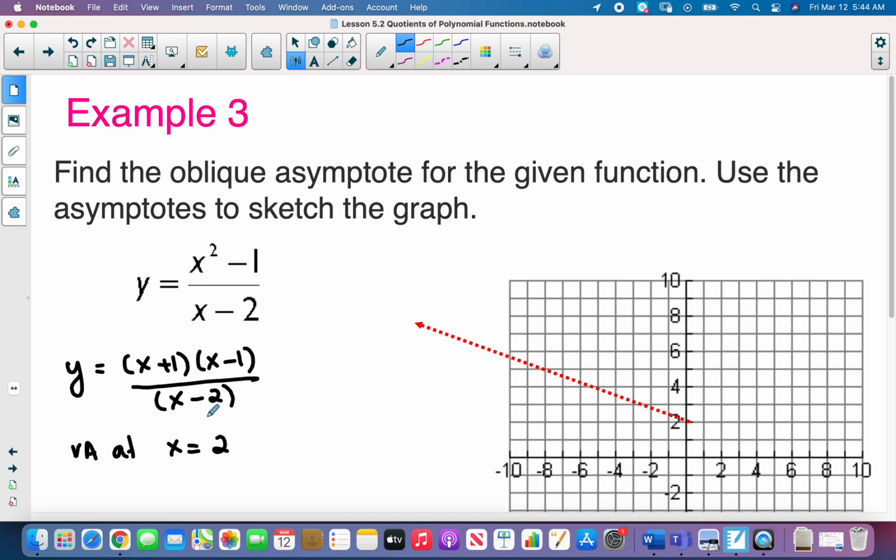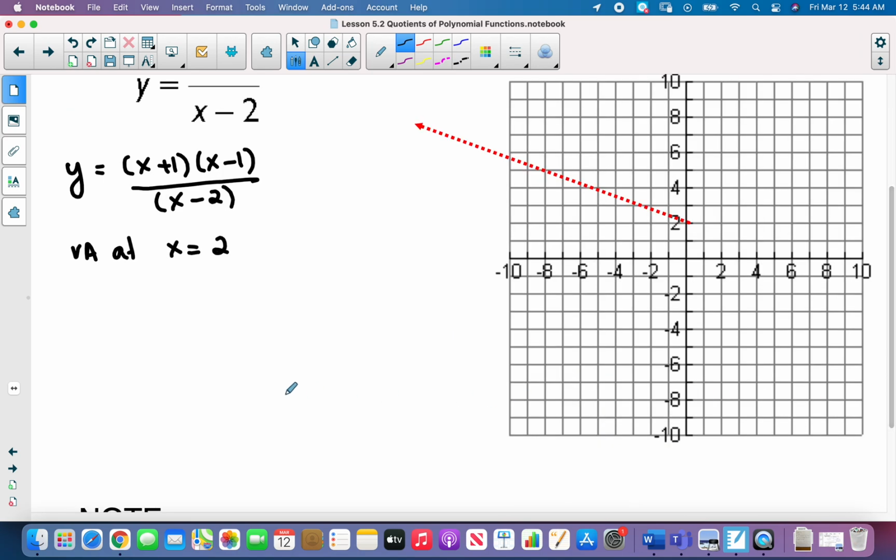And when you do long division, you're going to get x squared plus 0x minus 1 divided by x minus 2. You're going to get x times x is x squared minus 2x.